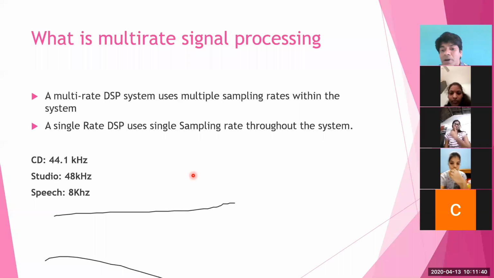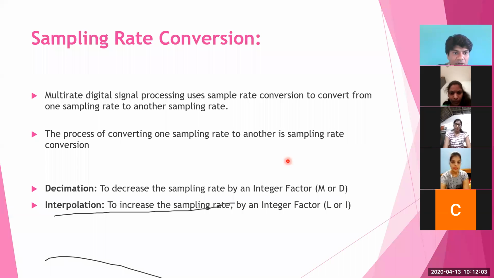If I want to burn, that means to write that speech information onto a CD, in that case we will have to increase the sampling rate from 8 kilohertz to 44.1 kilohertz, and we call that particular process interpolation, right?